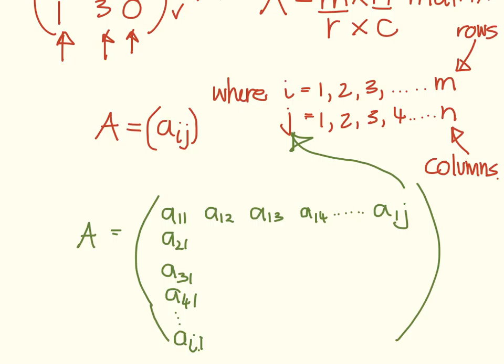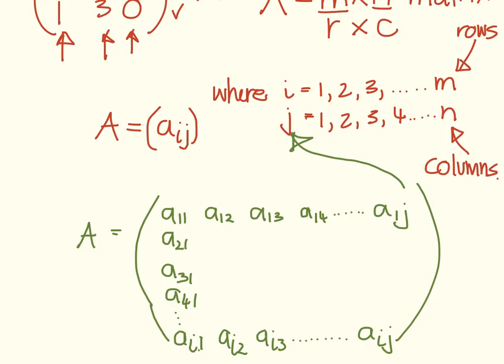Okay, across here we are in the I row and we are in the second column. We are in the I row and we are in the third column. And this goes on until we are in the I row still and the J column.